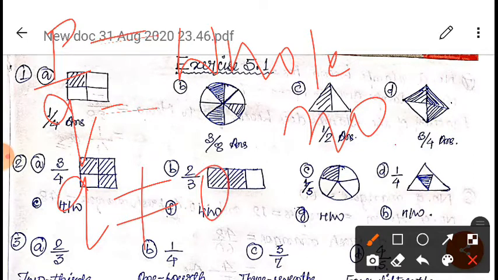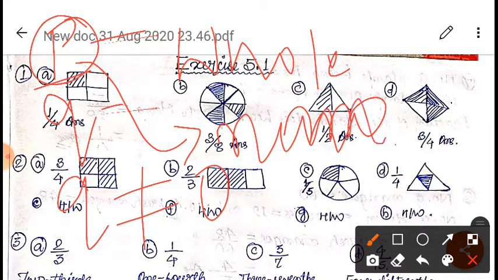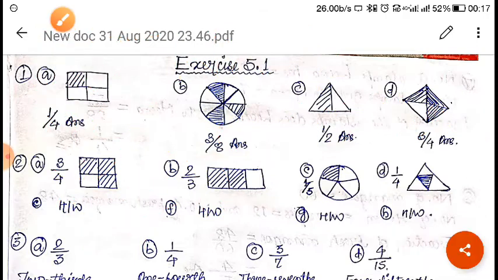This P is called the numerator. I hope you have learned this in class 5 and 4. And this Q is the denominator. So I hope you have got the idea what a fraction is and how it is written, and you can refer to your book on page number 71.